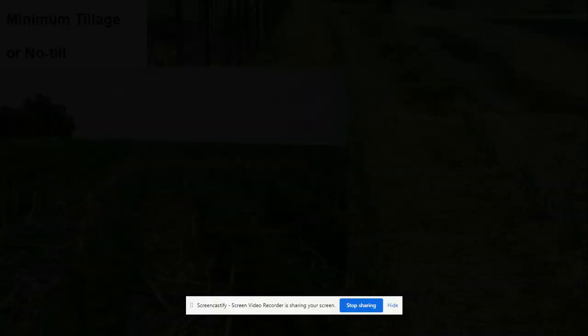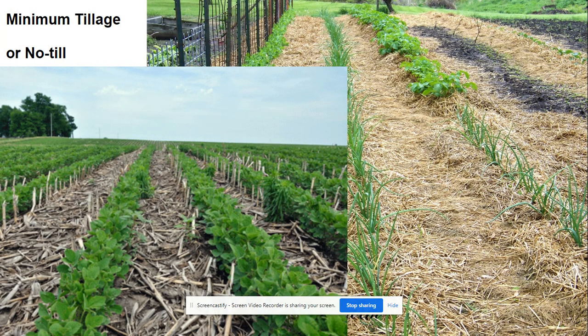Part of it is the organic matter breaking down and all of the microorganisms and the worms moving through that soil and keeping it actually aerated because there's so much life going on in the soil. Now we can take advantage of this in another farming method that is no-till or minimum tillage.